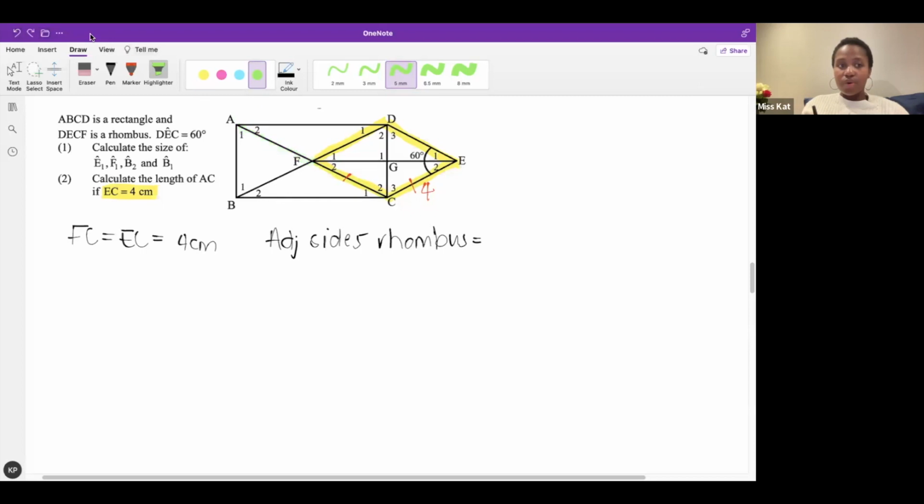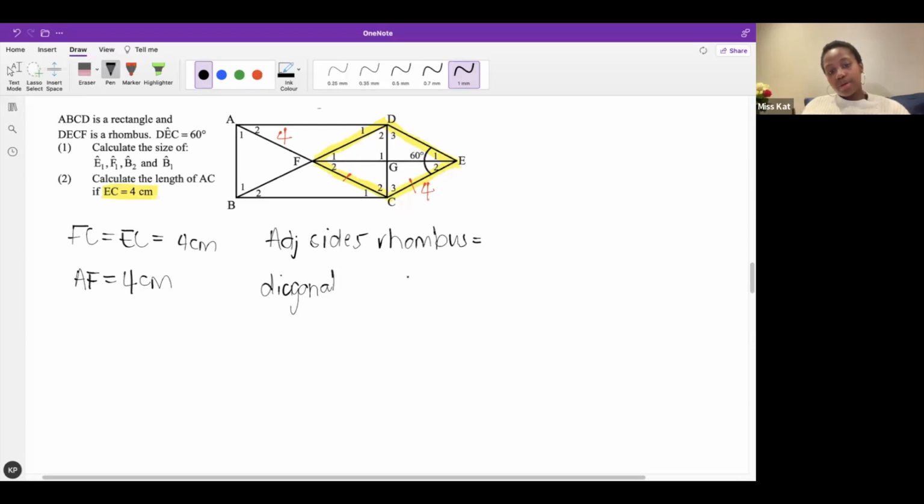There we go. AF is also 4. What is my reason this time? The diagonals bisect each other, right? Because if this part of the diagonal is 4, then the top part is also 4.